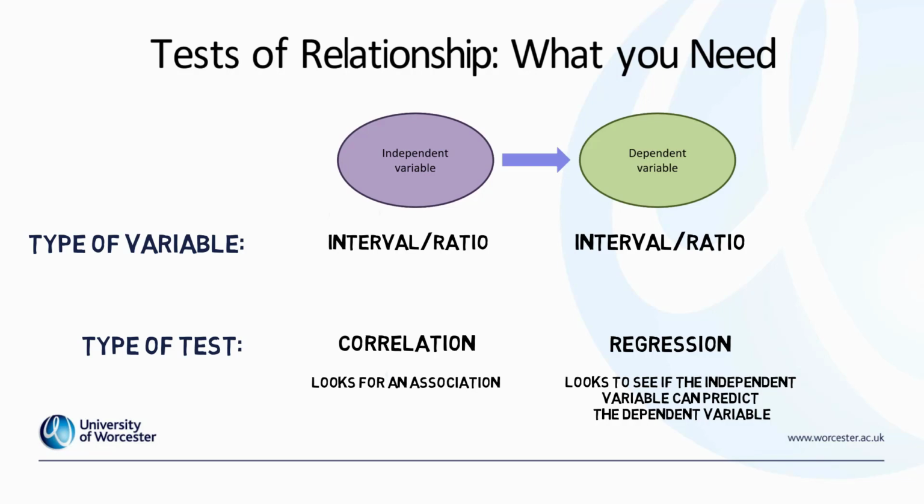And it is also possible to use it the other way round, where you have a binary independent variable looking to predict a scale, but this is less common, so we're not going to cover these in this video. However, if you are interested in doing a test like this, you should read the recommended reading.